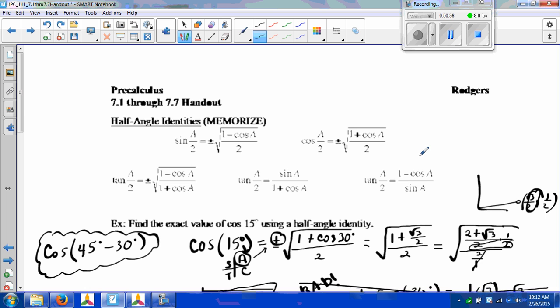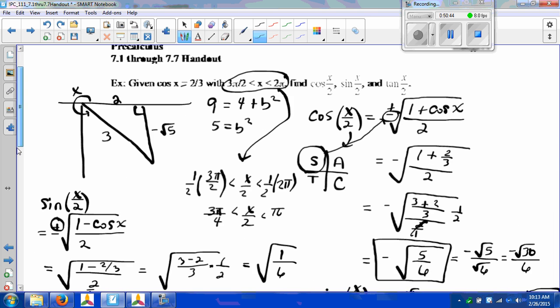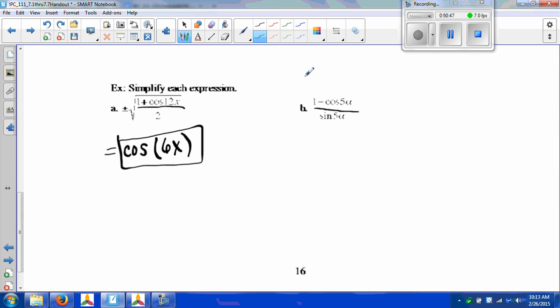There it is. 1 minus cosine A over sine A. So 1 minus cosine 5 alpha over sine of 5 alpha is going to be, so on this side, it's half of that. So that would be the tangent of 5 alpha over 2. That's it.